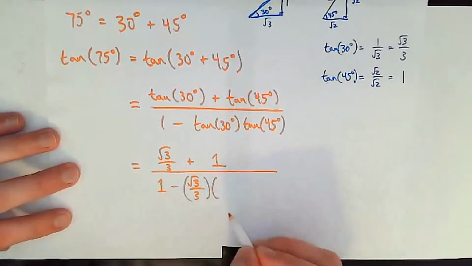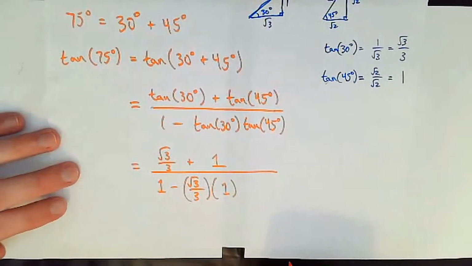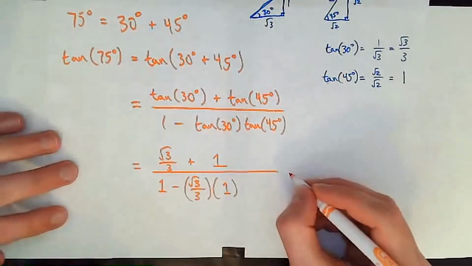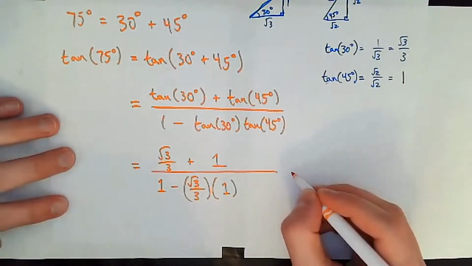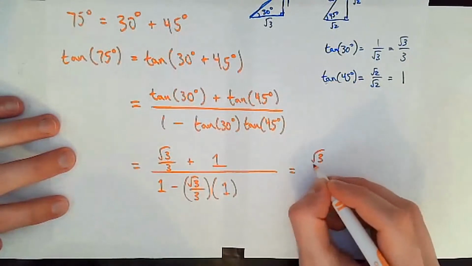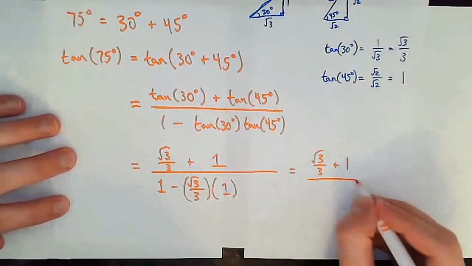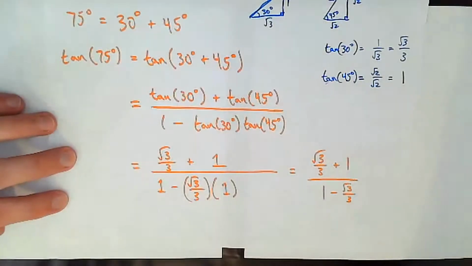I'll wrap it in parentheses just to emphasize, and then times 1. Okay. So I'm getting now, let me write it here. Square root of 3 over 3 plus 1 over 1 minus square root of 3 over 3.